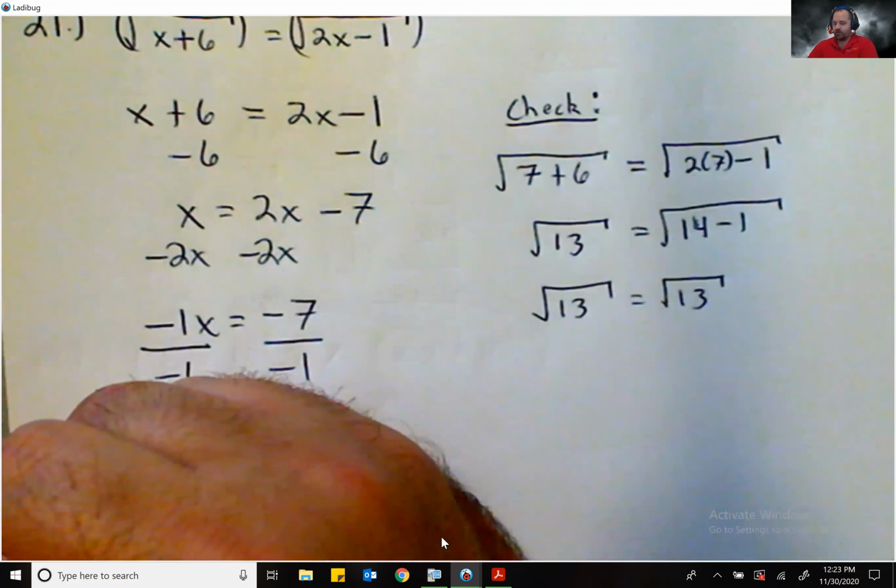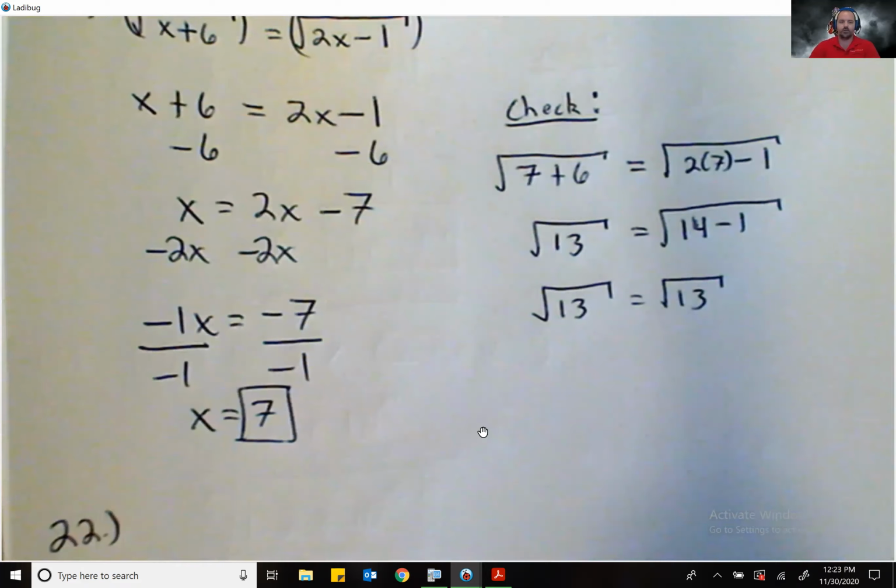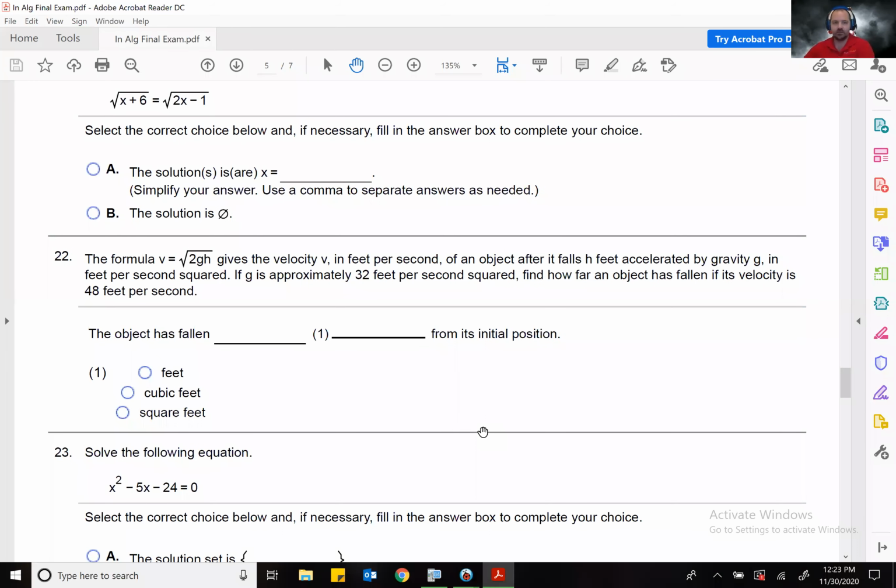All right. Number 22, another word problem. So it says the formula v equal to the square root of 2gh gives the velocity v in feet per second of an object after it falls h feet accelerated by gravity g in feet per second squared.